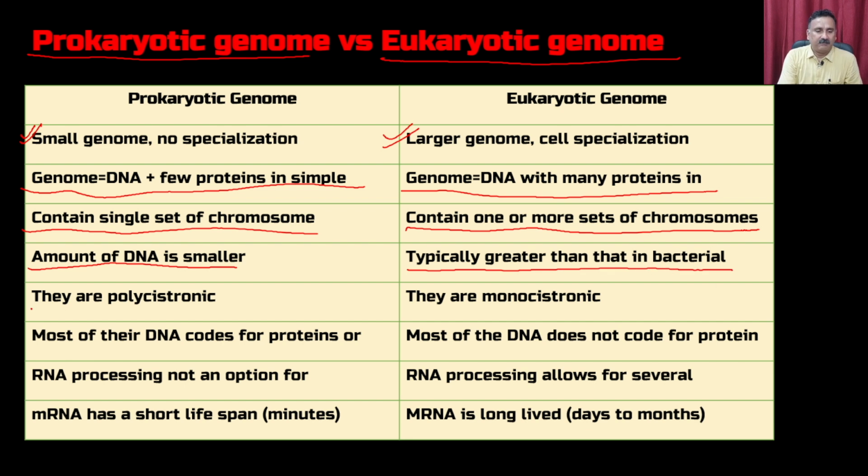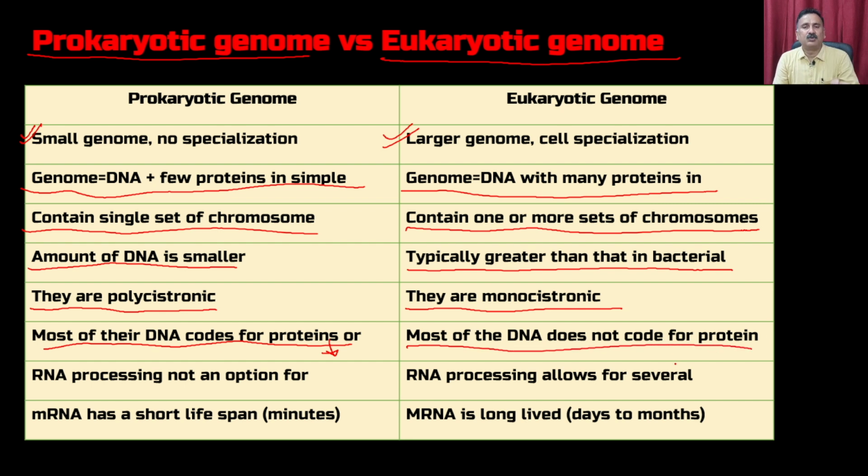Then the prokaryotic genome is polycistronic, whereas in the case of eukaryotic genome it is monocistronic. Then most of the prokaryotic DNA encodes for the protein, so there is no useless DNA, right? There is no DNA which is not going to be transcribed or translated to the protein, whereas in eukaryotes most of the DNA does not code for the protein, right?